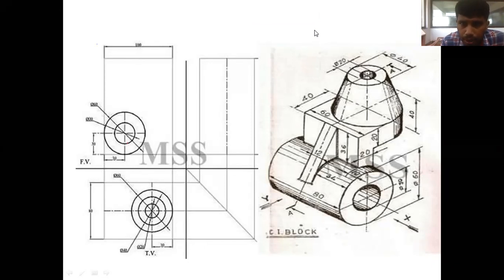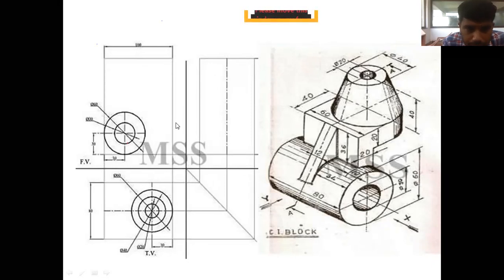The total length here is 100, and the height is 136. Okay, height of 136. It's a block. We have to create the block front view, and similarly it is a left side view.